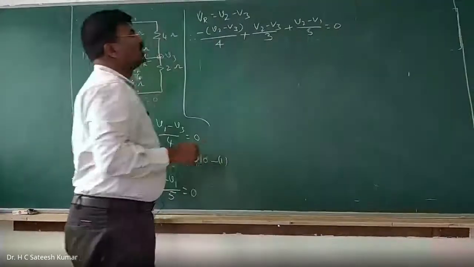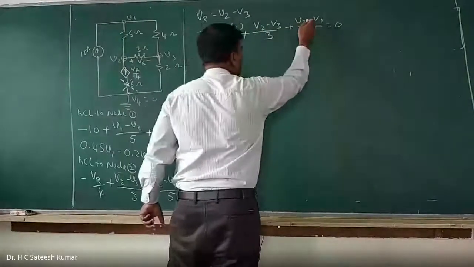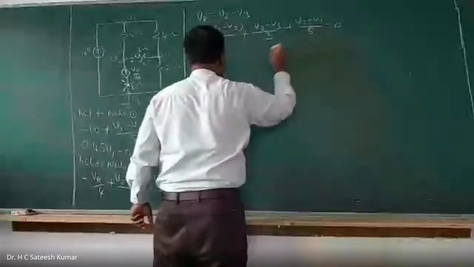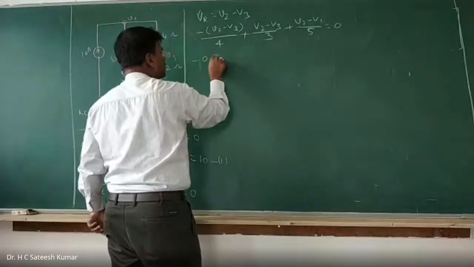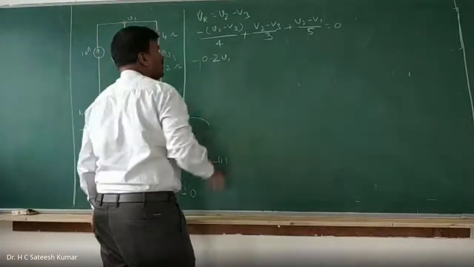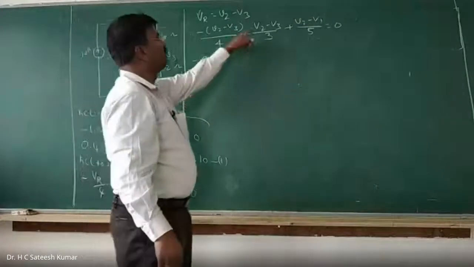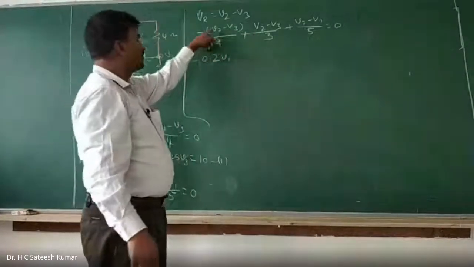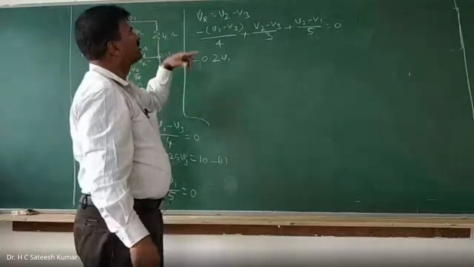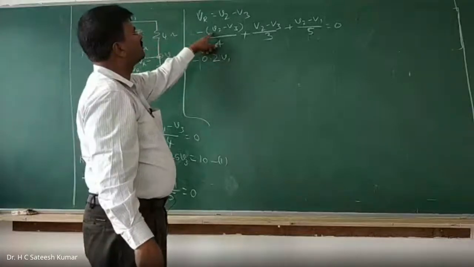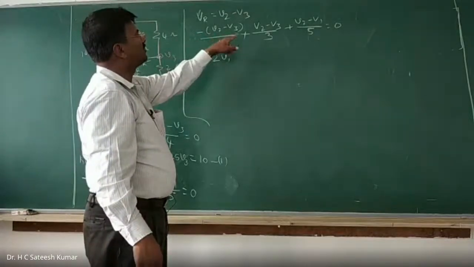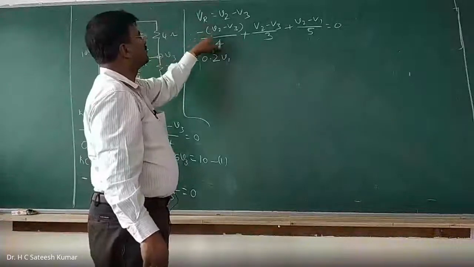Now, V1 coefficient minus 1 by 5. Minus 1 by 5 is what? Minus 0.2. Minus 0.2 V1. Okay. What about V2 coefficients? Minus 1 by 4 plus 1 by 3.